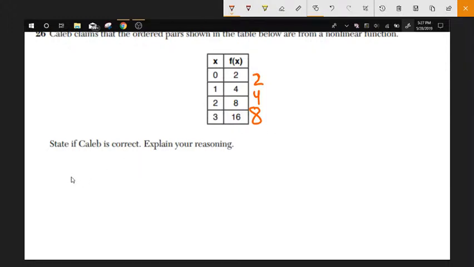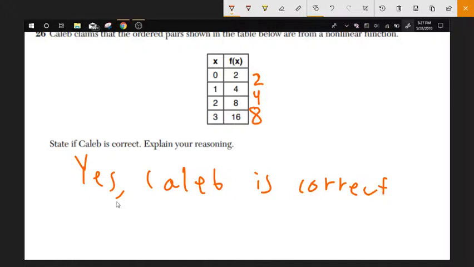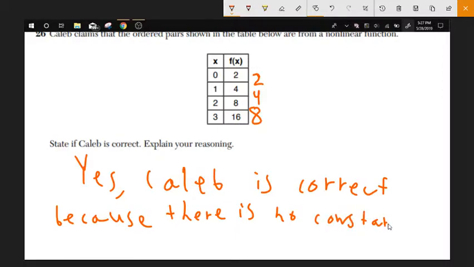So what we would write here is no, or my bad, yes, Caleb is correct, because there is no constant rate of change. All right, perfect.